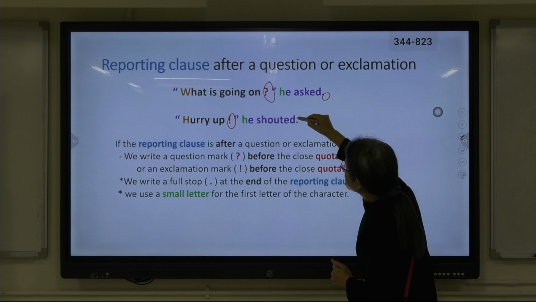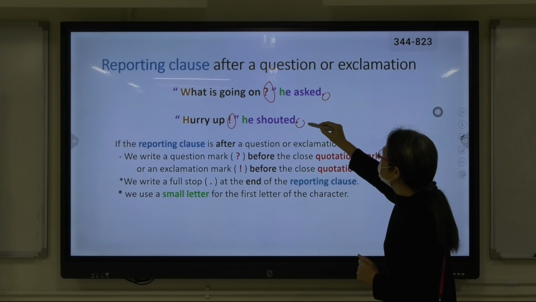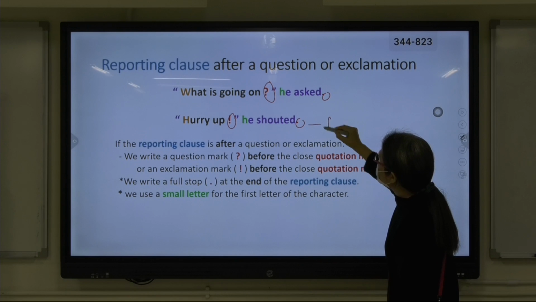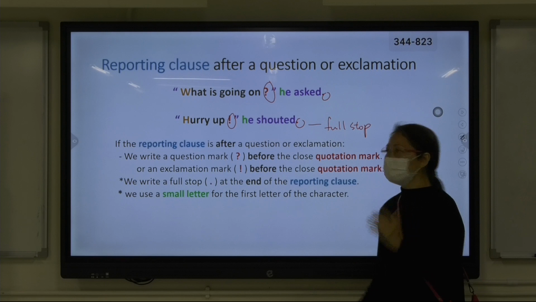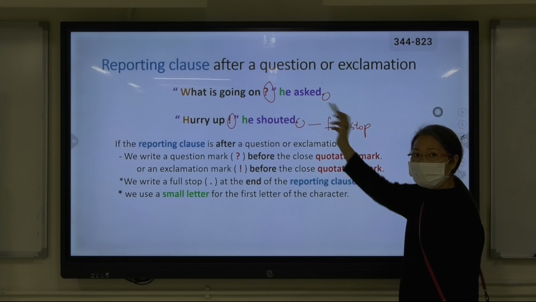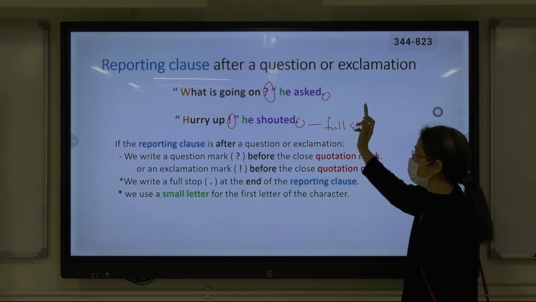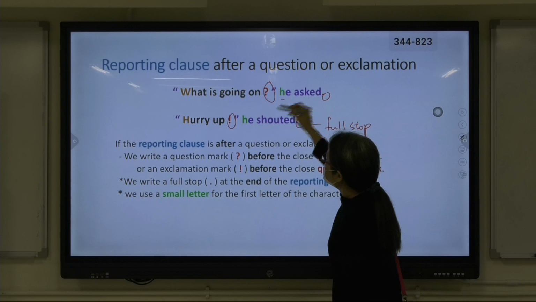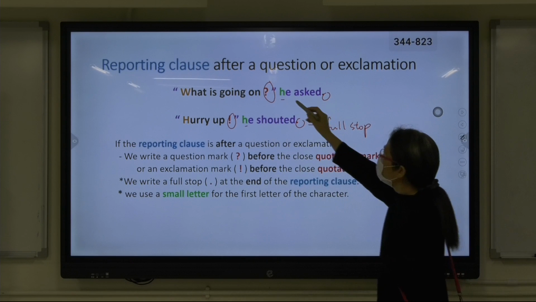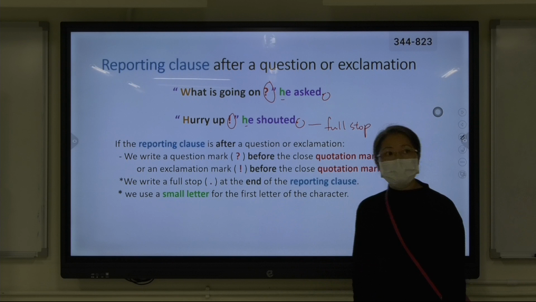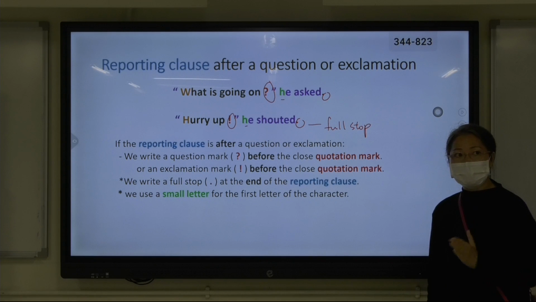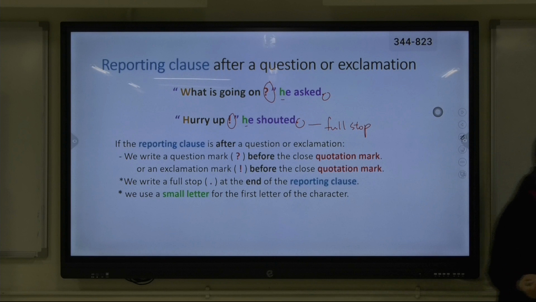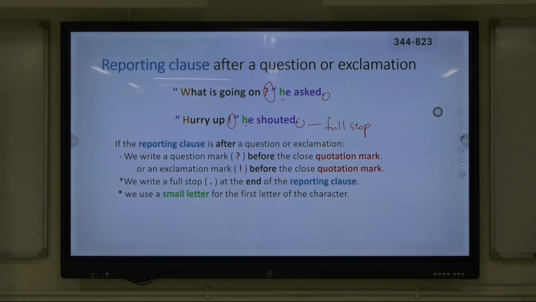Also, at the end of the reporting clause, we use a full stop. We do not use a comma at the end of the direct speech. Also, here we use a lowercase letter instead of a capital letter, except if it is a proper noun, like Tom, Mary, Carl, things like that.